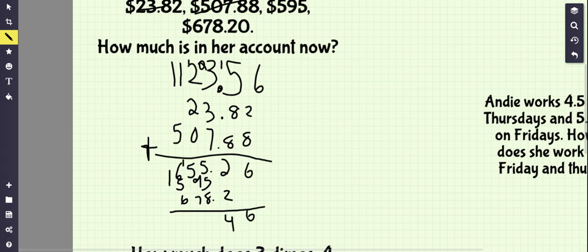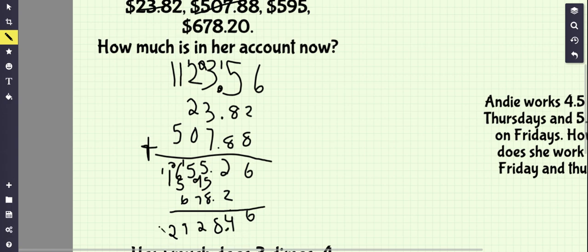Put the 1 on top, 8 on the bottom. 1 plus 5 is 6, plus 9 is 15, plus 7. So basically we have 14 plus 7, which is 22. Then 2 plus 8 is 8, plus 5 is 13, plus 6 is 19, and that gives us 20. We have 2. So we're going to put a decimal point right over here.